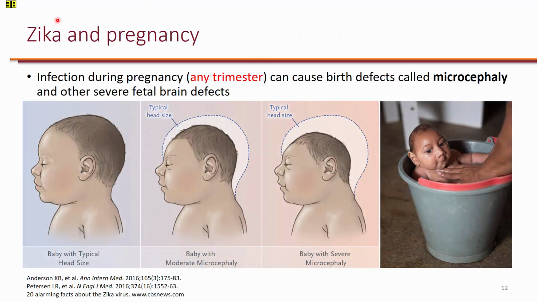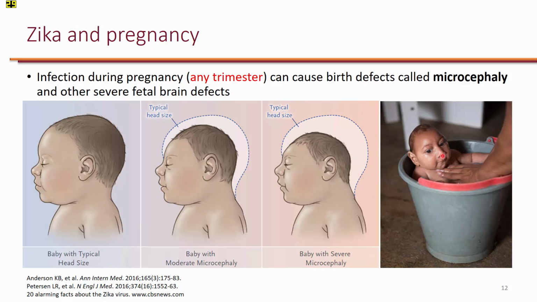Now, Zika and pregnancy. Infection during pregnancy, and the latest data suggests it can be at any trimester, can cause birth defects called microcephaly. You can see in this picture, this is a normal size of the head in a newborn. And then you can see through microcephaly there will be growth retardation of the brain and the head.